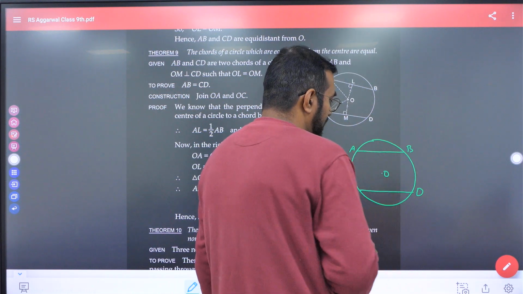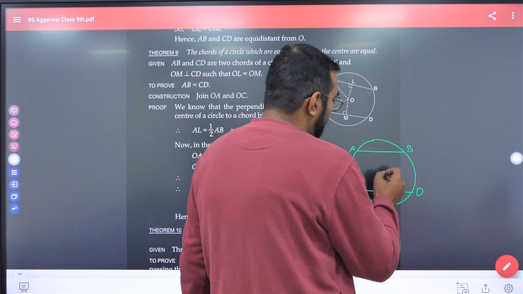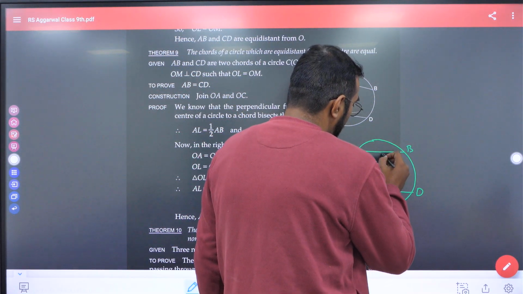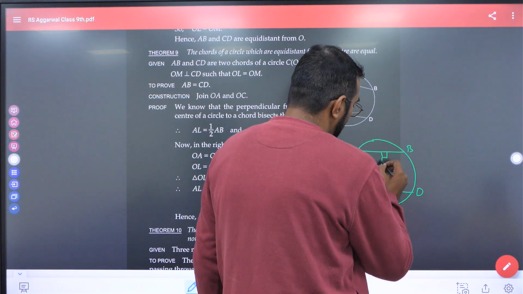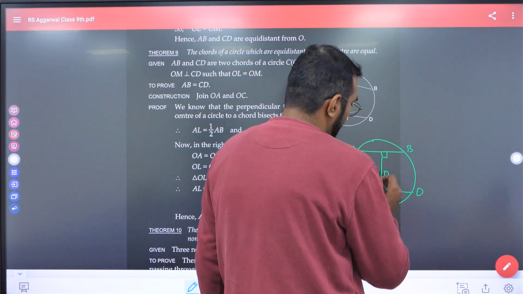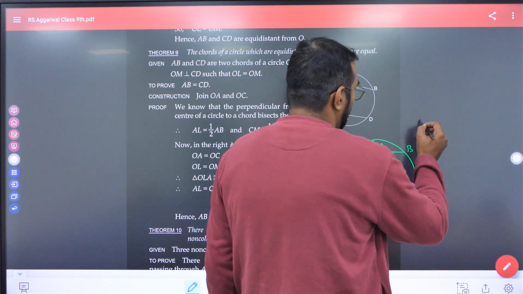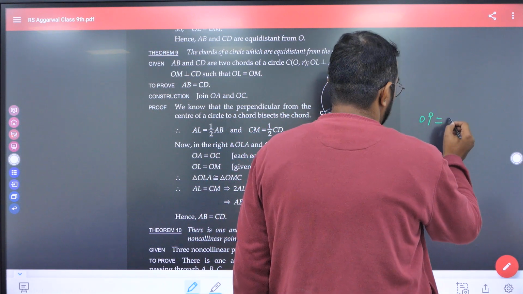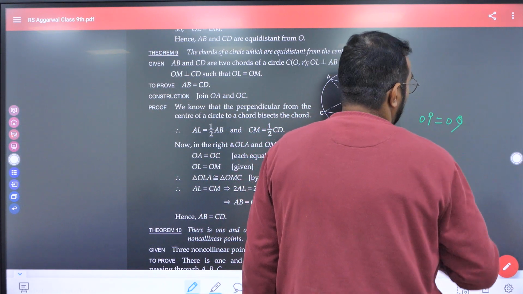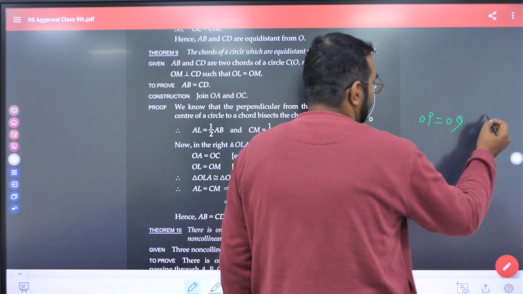O is the center. It is given that they are equidistant. Equidistant means the perpendicular from the center to this line and the perpendicular from the center to this line will be equal. Means OP is equal to OQ. It is given.